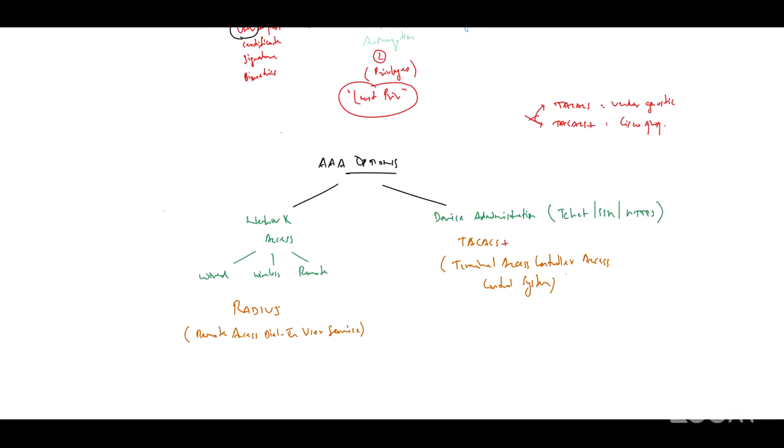I don't want them to be able to run any debug commands. So I can configure my device admin AAA, my TACACS, in such a way that even if that user gets authenticated properly, he will only be authorized to run show commands.